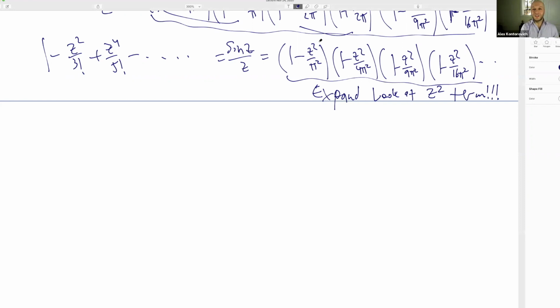So how can I get a z squared? Well, there's no z's, so I can do a z squared and then all ones. So that'll give me a minus 1 over pi squared. I can also do this z squared and all ones. So that gives me a minus 1 over 4 pi squared. Or this z squared and all ones, minus 1 over 9 pi squared, and minus 1 over 16 pi squared, and so on.